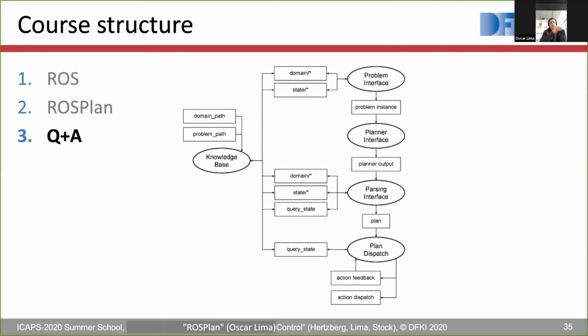But in my opinion, if there is a sequence of actions that are never going to change in order, and the order will always be the same, it does not make sense to put it in the planning model.